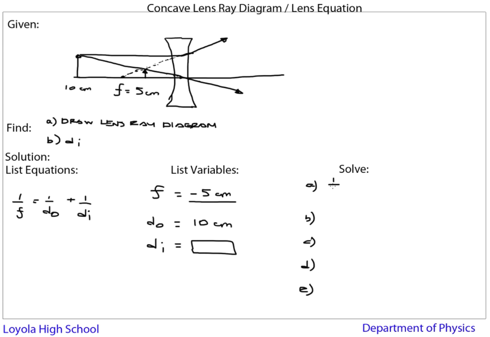1 over F is equal to 1 over DO plus 1 over DI. This is 1 over negative 5 equals 1 over 10 plus 1 over DI. Don't forget the negative sign. So I get negative 0.2 equals 0.1 plus 1 over DI.